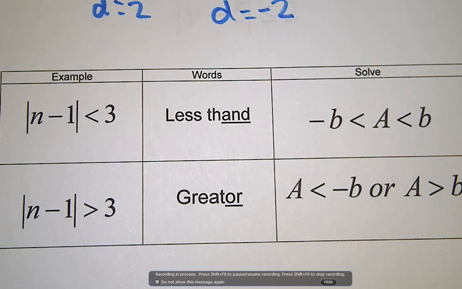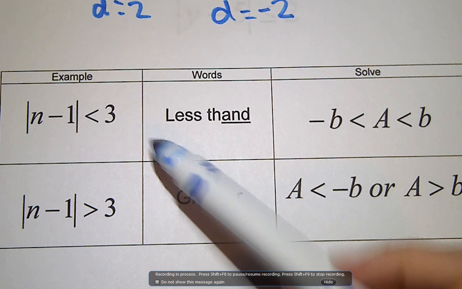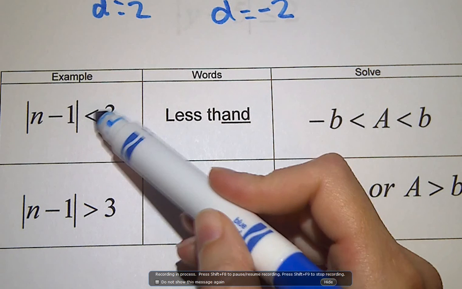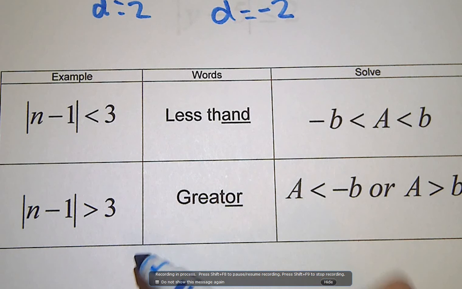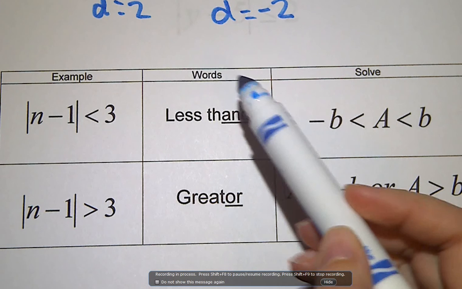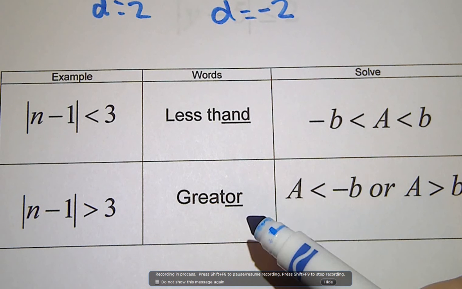Okay, so what does this chart mean? Well, I have two absolute value inequalities here. This one has a less than sign and this one has a greater than sign. So this is the example, okay? Now I turned this into words, but you're going to see I did a little play on words here to help you remember this.